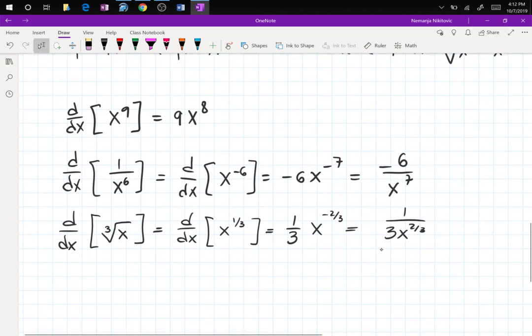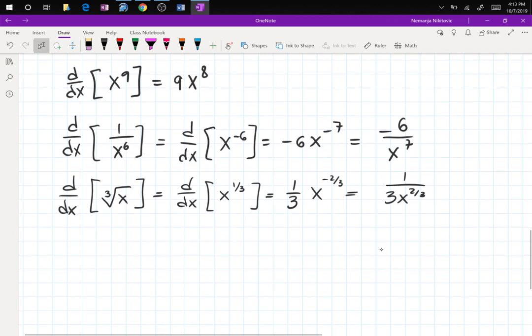Now, there are two particular functions that will be around for many examples over and over and over again. So even though the rule covers them, people generally tend to memorize them because it's much faster than using the rule and so on.